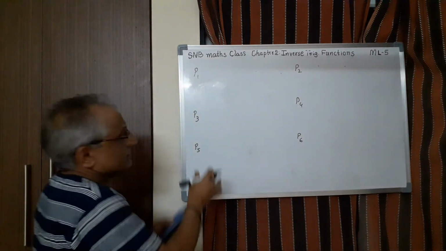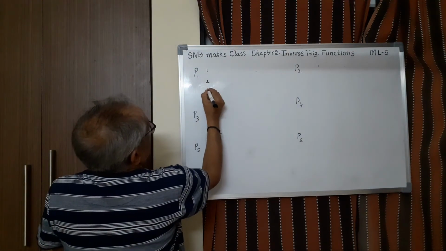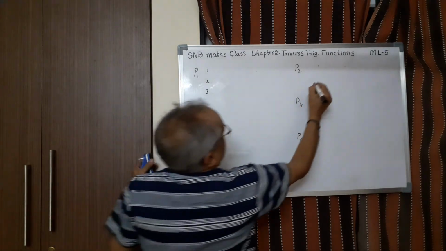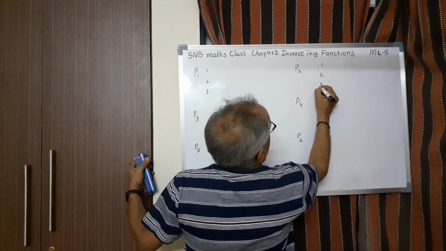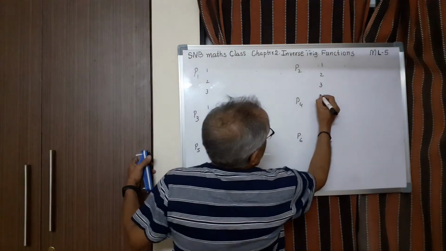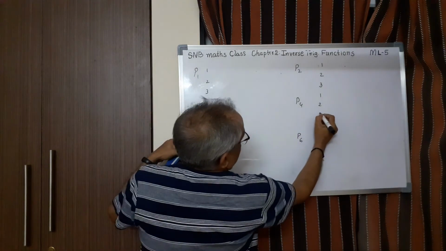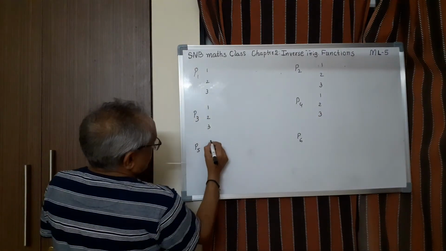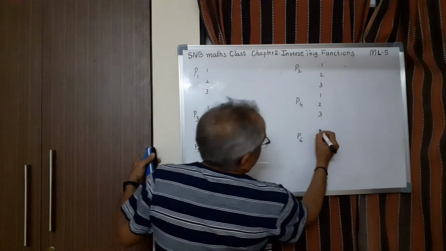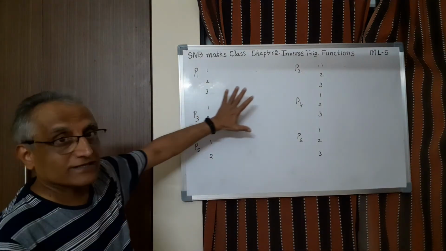And don't remember continuously 1, 2, 3, 4, etc. Here there are 3 formulas. Here there are 3 formulas. Then here 3. Once again here 2. P3, this one. Here once again 3. Here 2. Here once again 3. So totally 17 formulas are there.